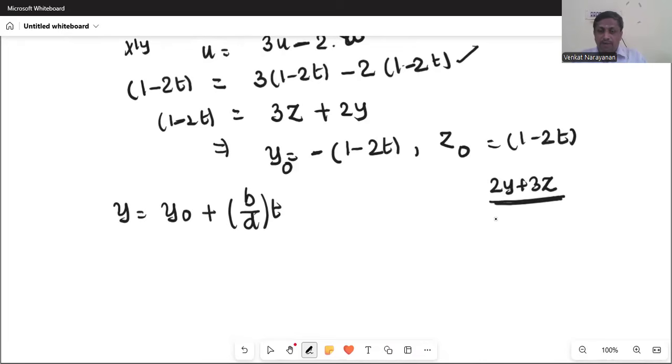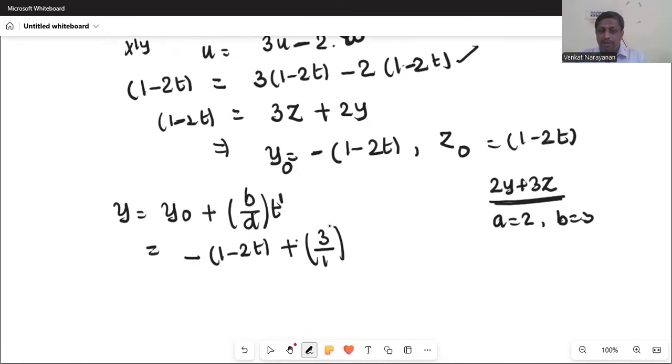So from the above, we can understand a value is 2 and b value is 3, definitely. Therefore y is minus of (1 minus 2t) plus b value 3 divided by 1 into a variable, we can assign as t dash. That is minus of (1 minus 2t) plus 3 times t dash. This is the answer for y.